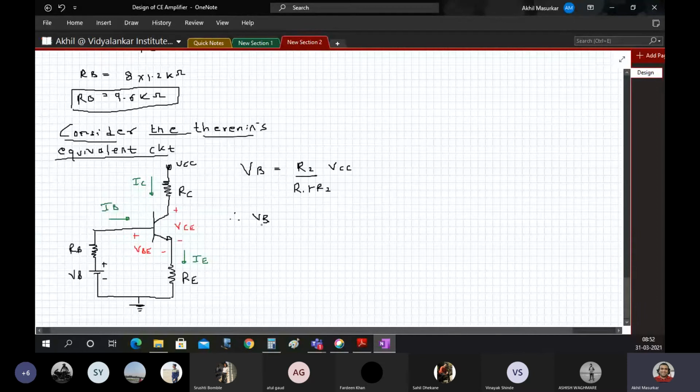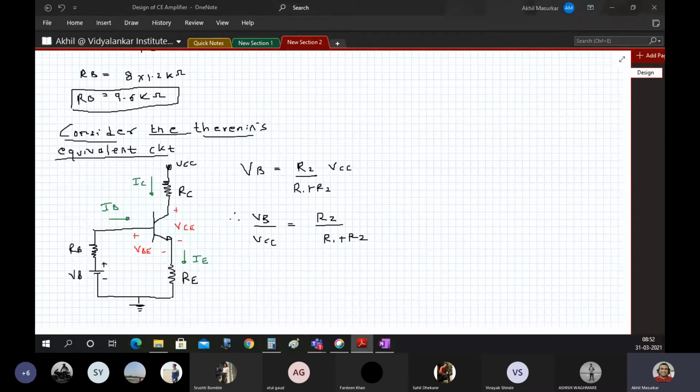So VB upon VCC is equal to R2 upon R1 plus R2. So now the objective is to calculate the value of VB.